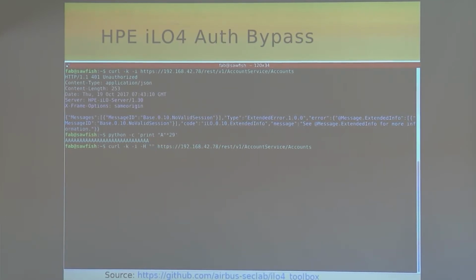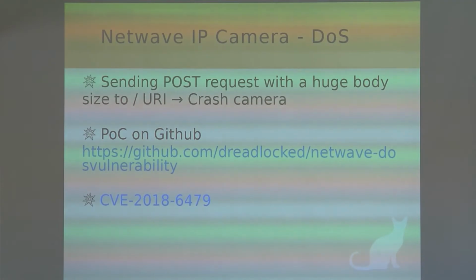So there's also another great thing I found, this Netwave IP camera. It's a denial of service. The exploit is you just send a POST request with a huge body size to this URL, and it just crashes the camera.